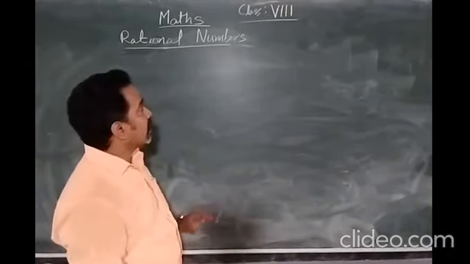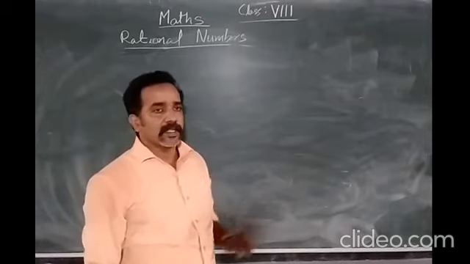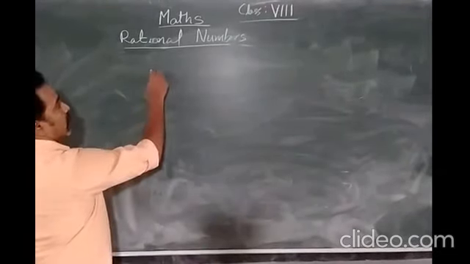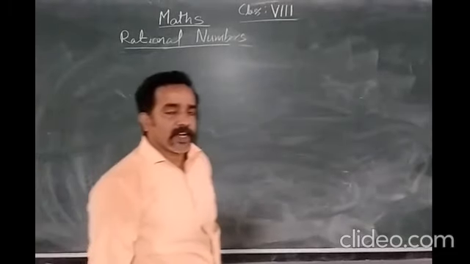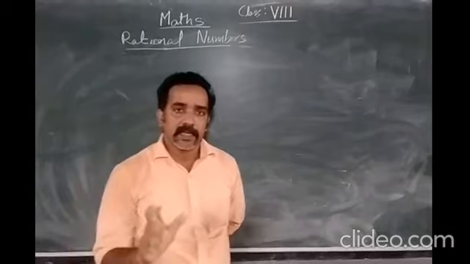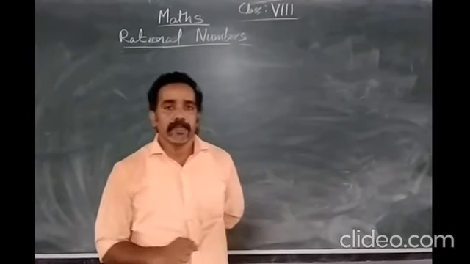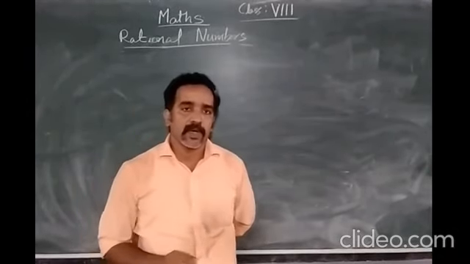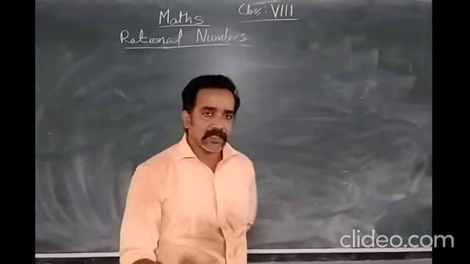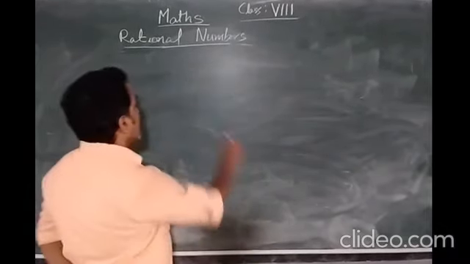I write the definition of a rational number on the board. The set of rational numbers are defined as the numbers that can be written in the form of p by q, where p and q are integers and q not equal to 0. That is the definition of a rational number.